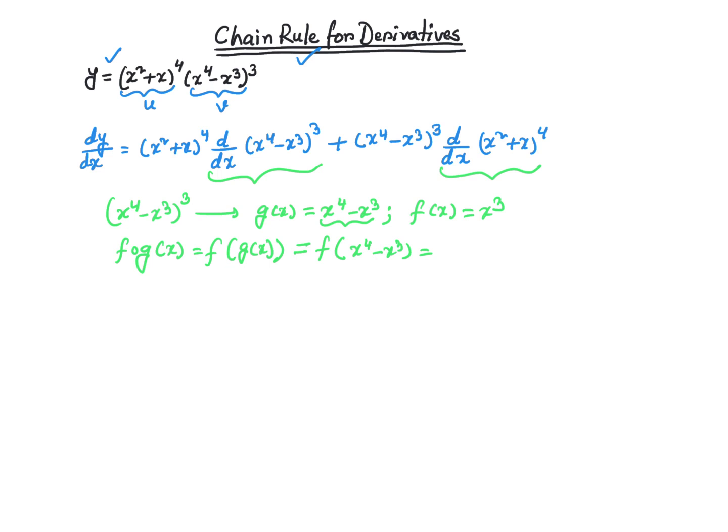What does f do to its input? It takes the input and cubes it. So my input is x to the power 4 minus x cubed, raised to the power 3.